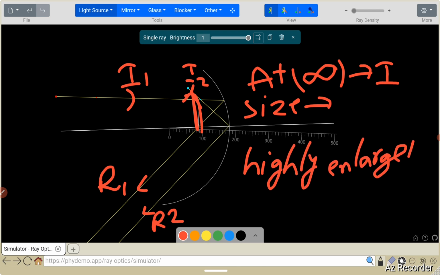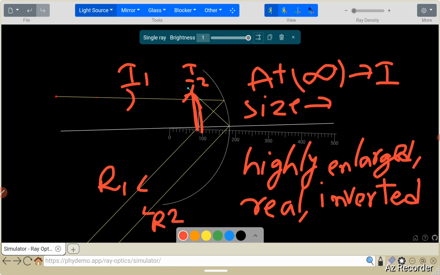Then this image is also taken as real because we are considering that they meet in reality at infinity. Understood? Real. And then we have inverted only. All real images are inverted. We know that, correct? Understood? Now this is the fifth case.